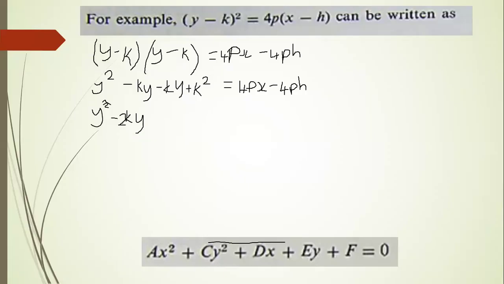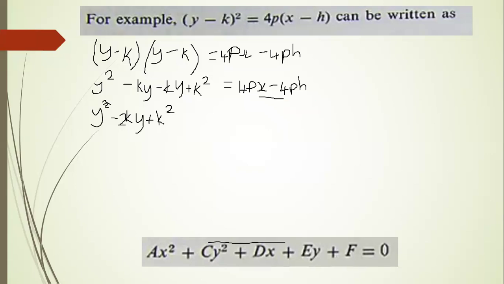So we have minus 2ky plus k squared. And now I'm bringing these two over the equal sign.